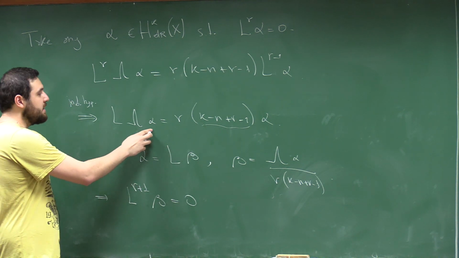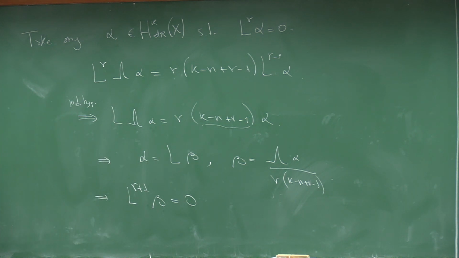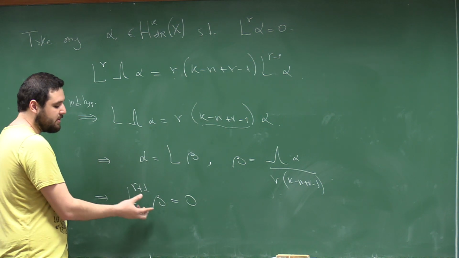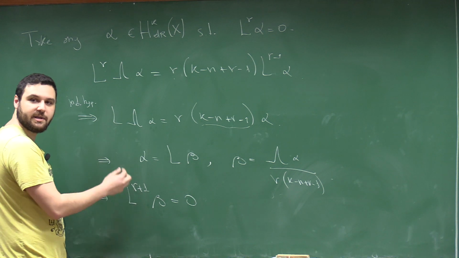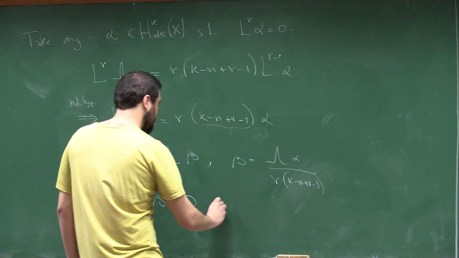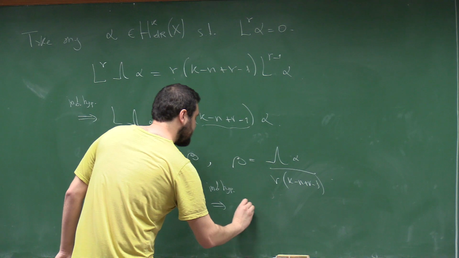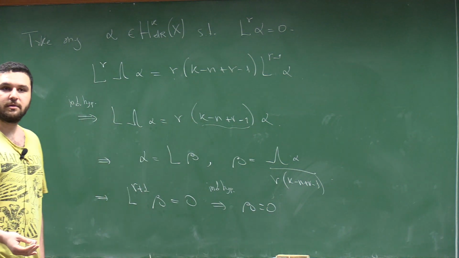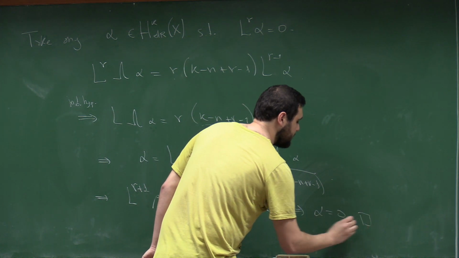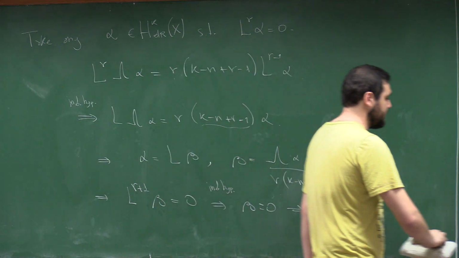Alpha is a k form, lambda of alpha is a k minus 2 form, so k minus 2 plus r plus 1 is k plus r minus 1. So again, by induction hypothesis, this implies that beta is 0. And so alpha is 0. Okay? That's the proof.